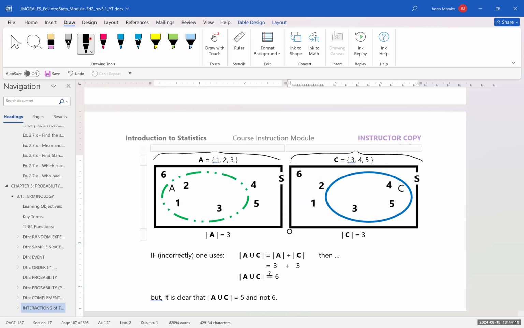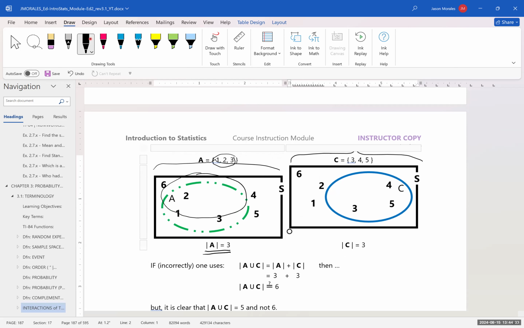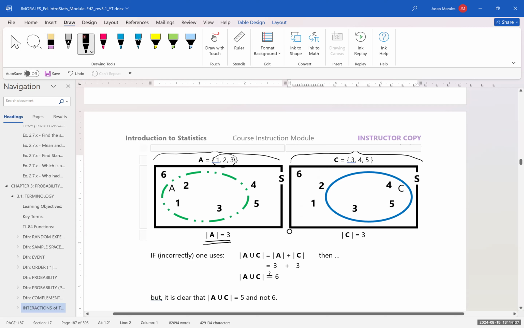If we look at the order of A by itself, we can see that there are 3 elements in A, right? 1, 2, 3. And you can see that here in the Venn diagram. Event C on the right also has 3 elements. So the order of C is also 3.